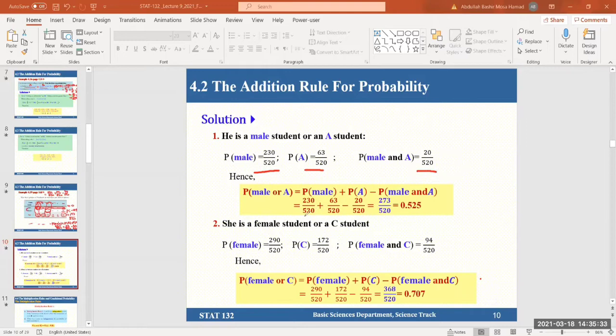So we add P of male plus P of A students minus P of the intersection of male and A, which is 273 over 520. We do similarly for female or C: we find P of female plus P of C minus P of both, which equals 0.707. It's clear, I think.